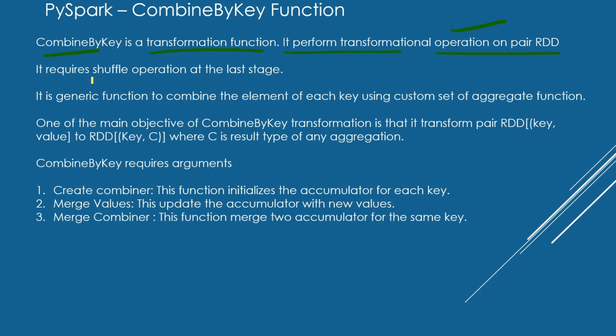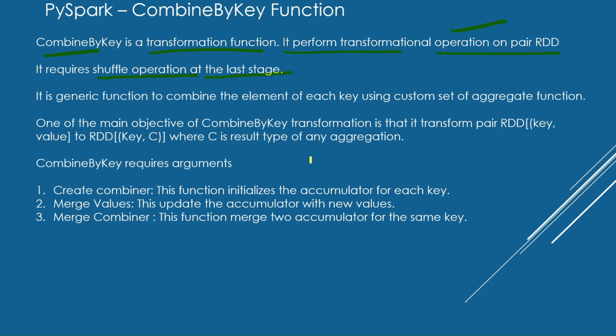As it is a transformation function, and it is a wider transformation function, it requires a shuffle operation. But the good thing about combineByKey is that it requires the shuffle operation at the last stage. That's why this is a very performance optimized function.